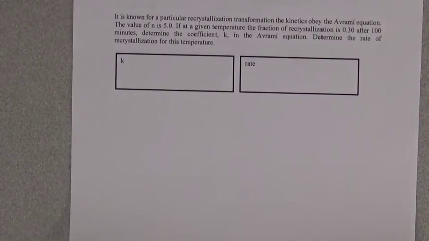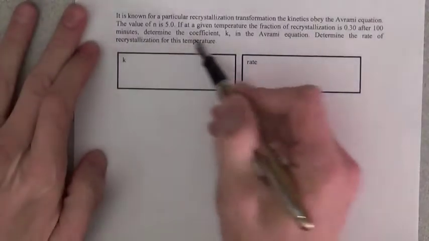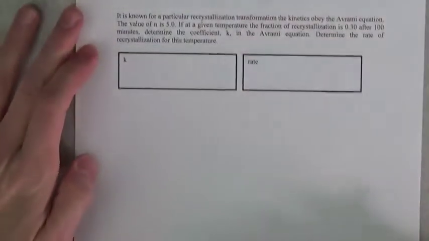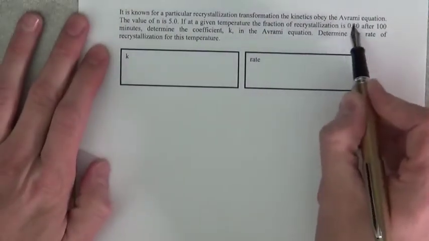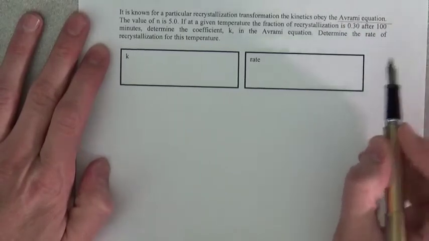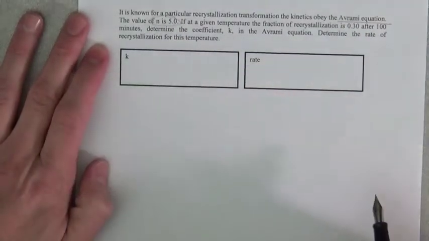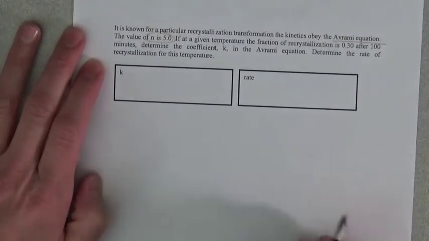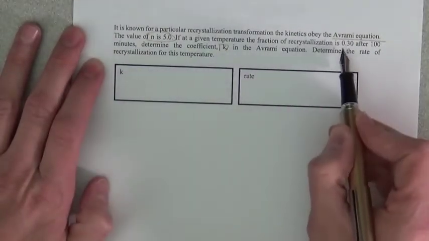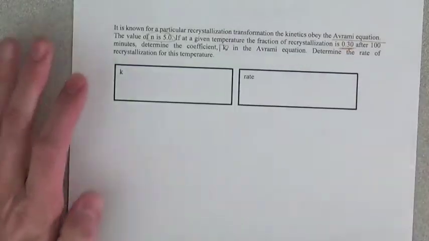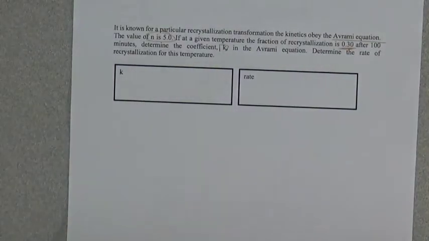So next we move on to the second part of the problem, in which we have a transformation that obeys the Avrami equation. The value is n equals 5, and k is unknown, but we're given a data point saying the recrystallization is 0.3% finished after 100 minutes.